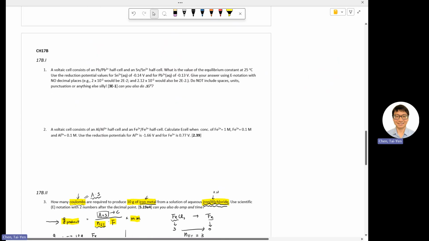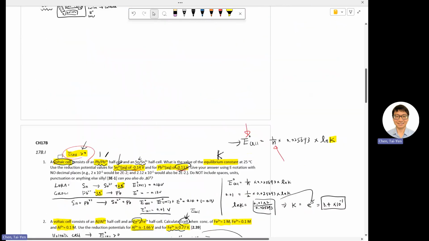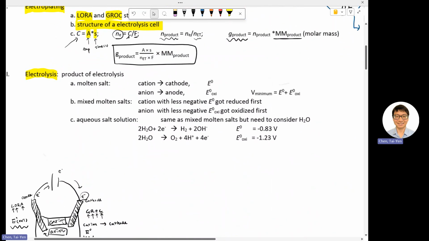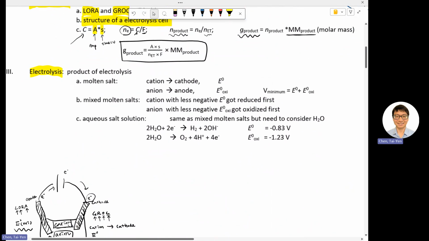So let's look at the more interesting part here. Electrolysis is the thing that most students get confused by. There are actually 3 types of questions you're going to encounter in this chapter.